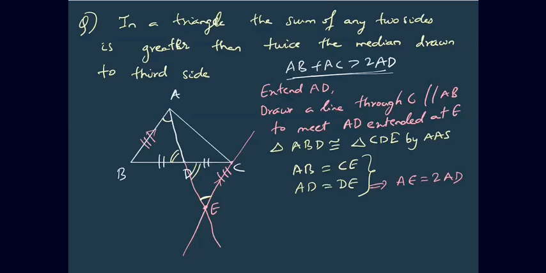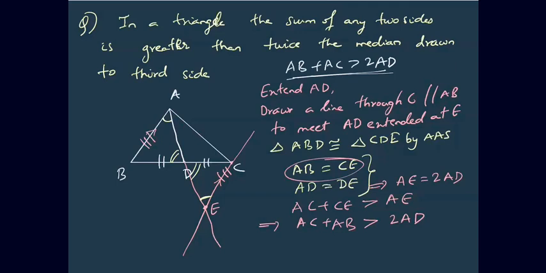Now if I consider triangle AEC and use the triangle inequality, AC plus CE is greater than AE, and CE is equal to AB. So I can write AC plus AB is greater than twice of AD.